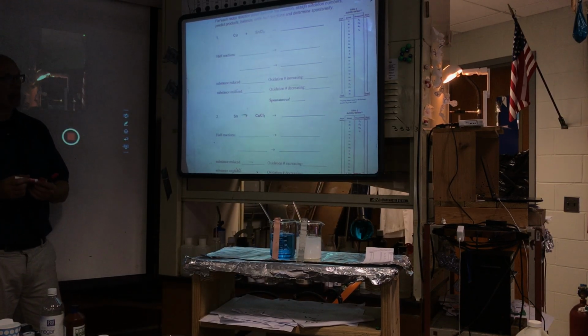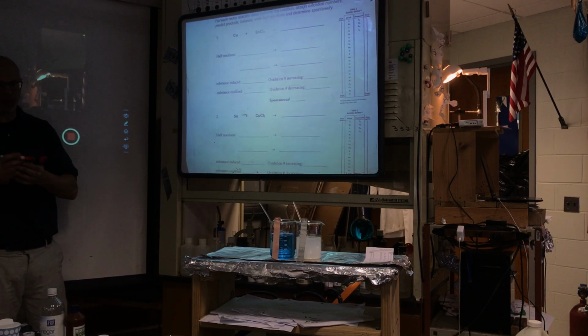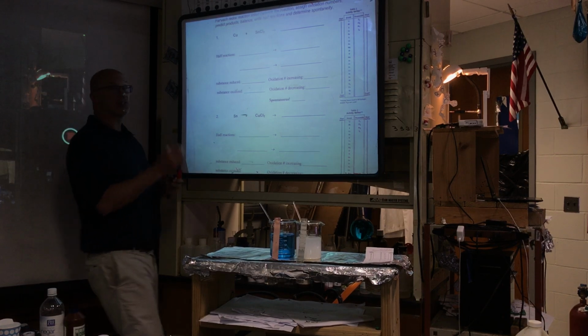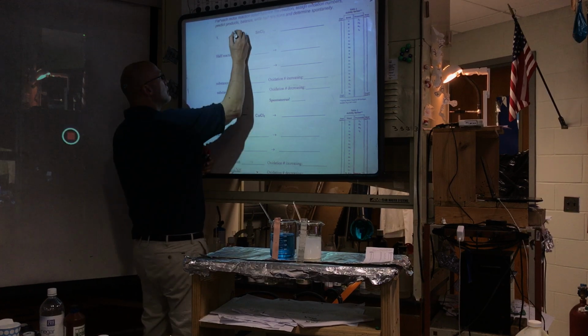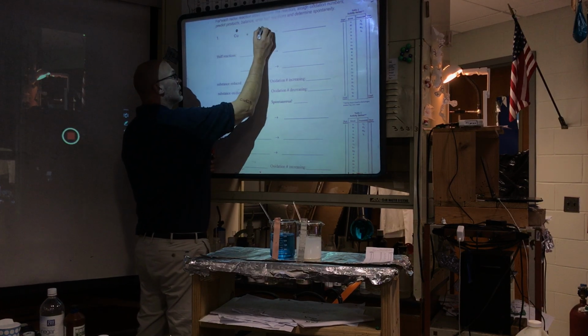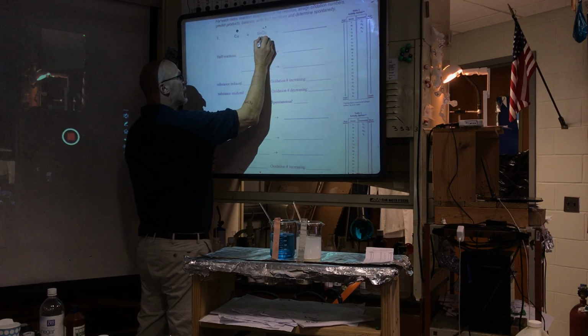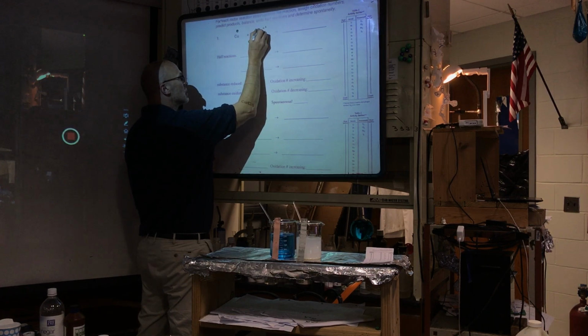So let's predict what's going to happen. If this is going to play out like we think, and this is called a single replacement reaction, one that you should have identified last night. This is a 0. Chlorine is -1, -2 overall, has to equal 0. This is +2, tin is +2.